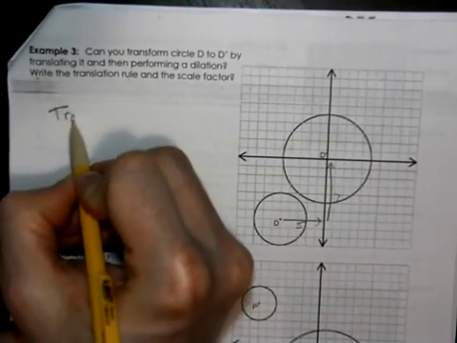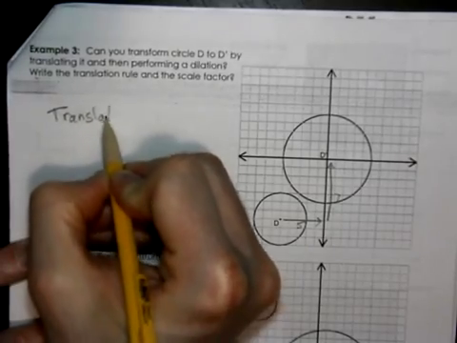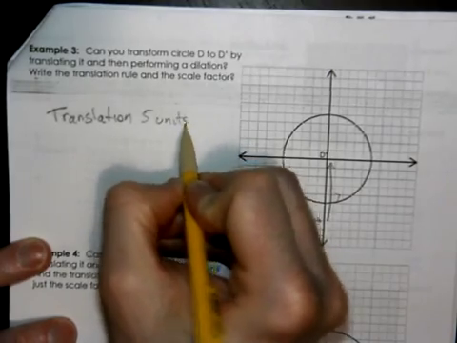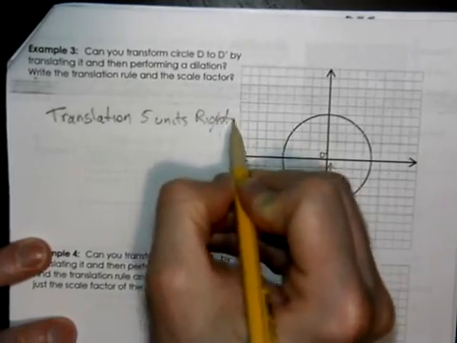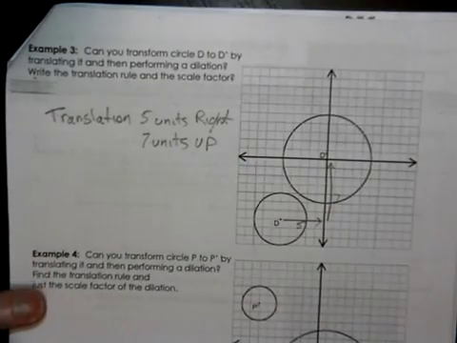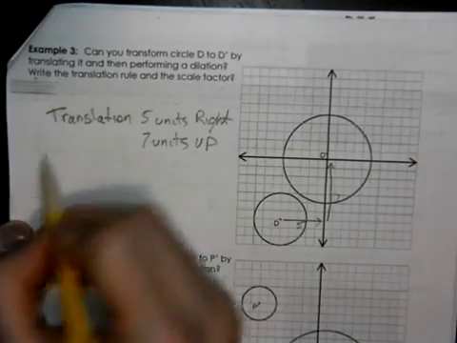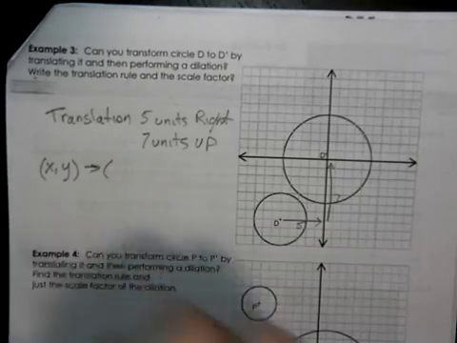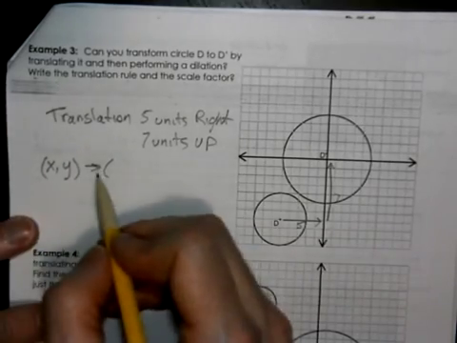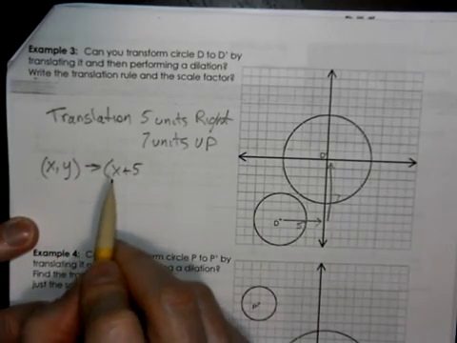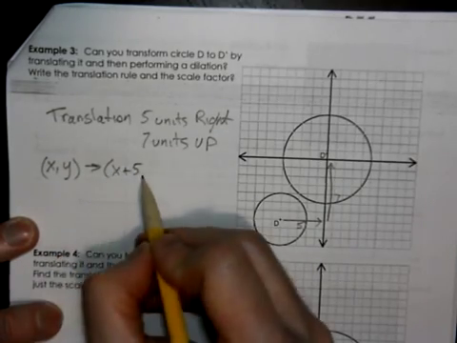So there's a translation, which is a slide. Translation 5 units right and 7 units up. The rule that we can write for a translation, we start with the original points, x and y, whichever points they happen to be, and you're going to translate each of them x plus 5, meaning taking every x value and adding 5 to it.